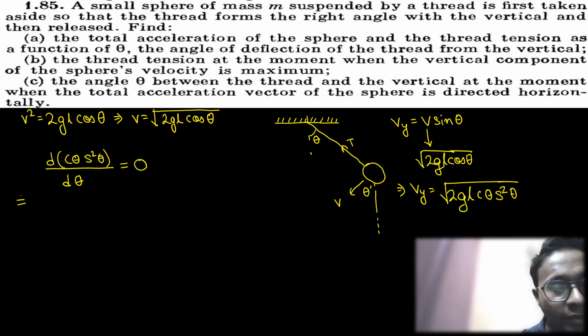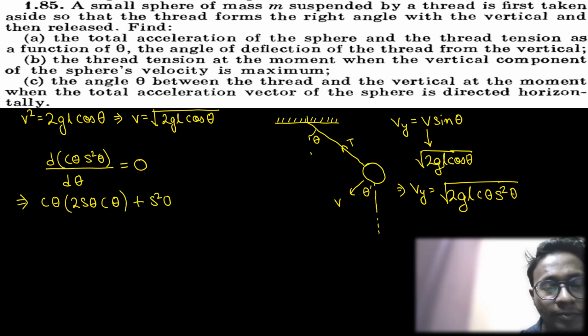So the differentiation of this would come as cos theta into 2 sin theta cos theta, plus sin square theta into minus of sin theta is equal to 0. We took this as constant, differentiated this term, and then took this as constant and differentiated this term.